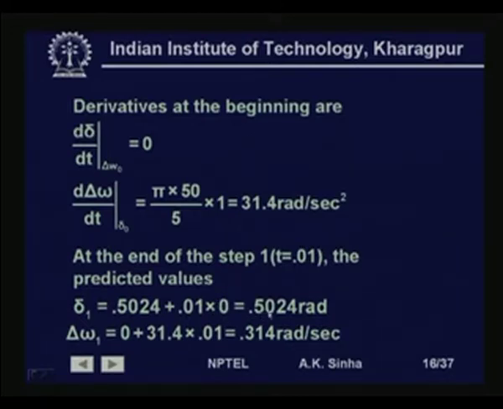So, this is the same as 0.5024 radians. And delta omega will be equal to 0, the initial change in speed, plus 31.4 into delta t, which is 0.01. So, this is coming out to be 0.314 radians per second.